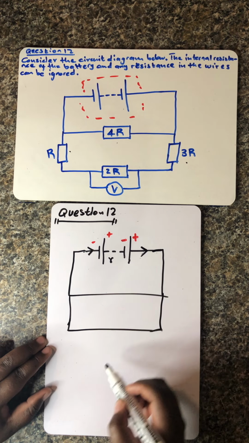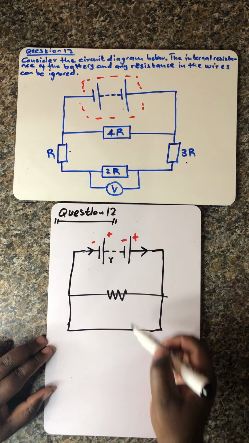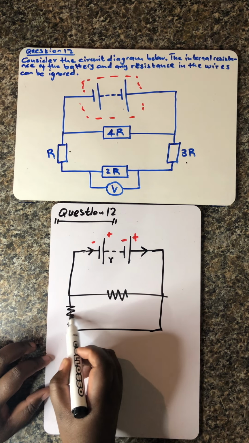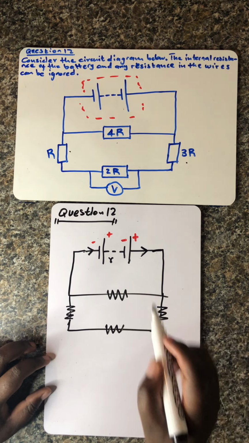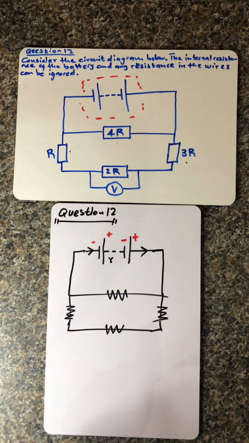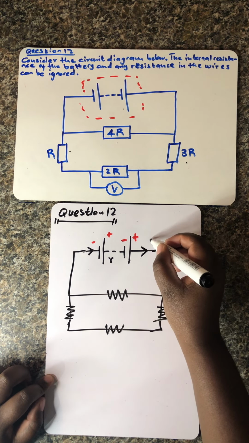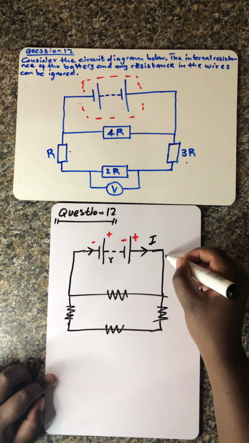Ladies and gentlemen, we've got a resistor there. It doesn't really matter if it's 4R, but for the purpose of my explanation, let me just do these and not write those values there. Remember, you've got current flowing from the positive to the negative.